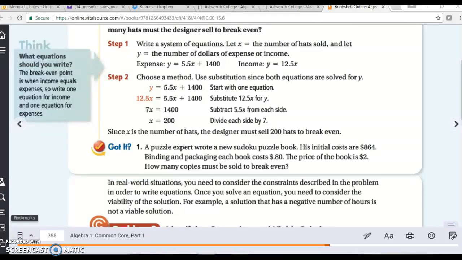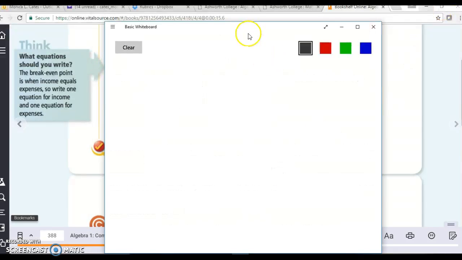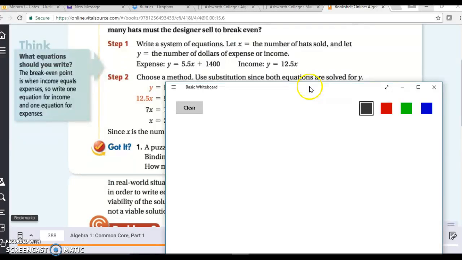So let's write here on my whiteboard. We'll do something very similar to what we did at the beginning.